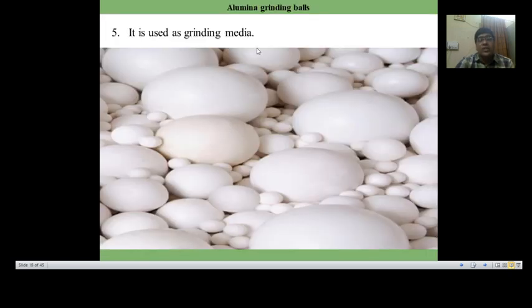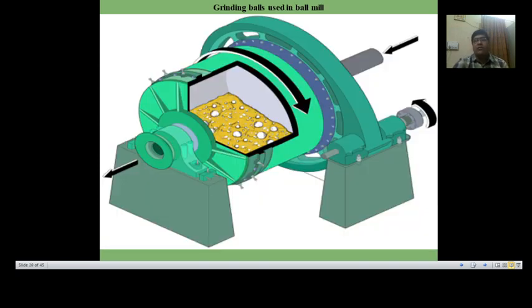It is also used as a grinding media. These are alumina balls, and maybe quartz. Quartz is converted into fine powder and compacted into such white balls, like alumina balls, and these are used as a grinding media for the grinding process. This is the ball mill. We can visualize the grinding balls present in a container.